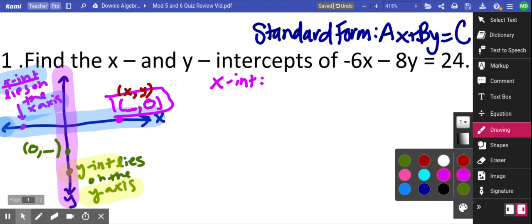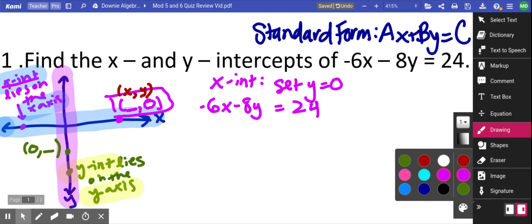So I'm going to set y equal to 0 to find my x-intercept. We're going to start off by writing our original equation, negative 6x minus 8y is equal to 24. What I'm going to do is I'm just going to change my y and let it be 0.